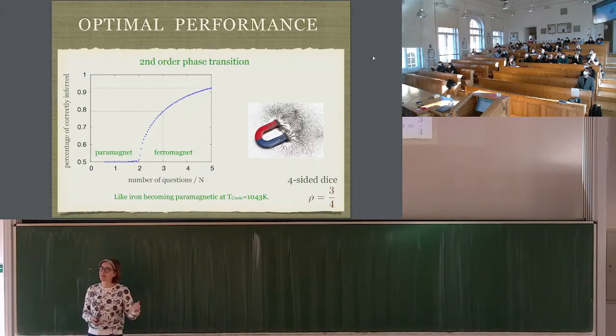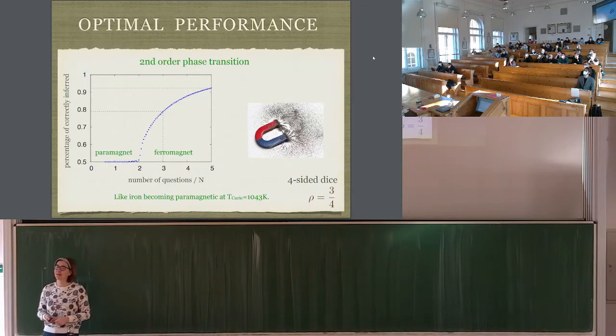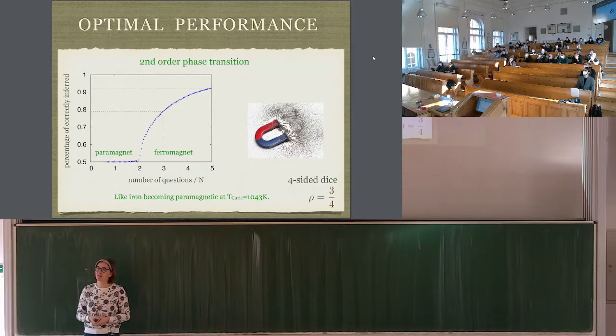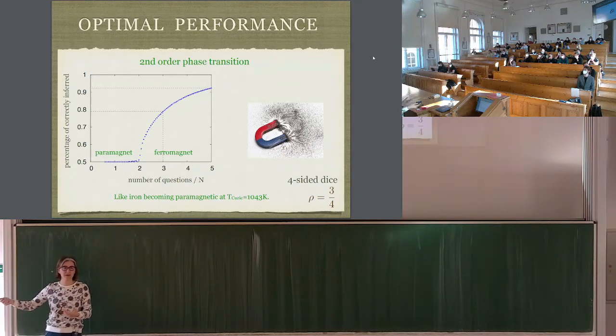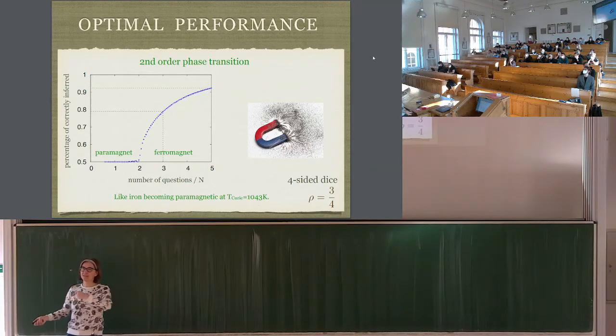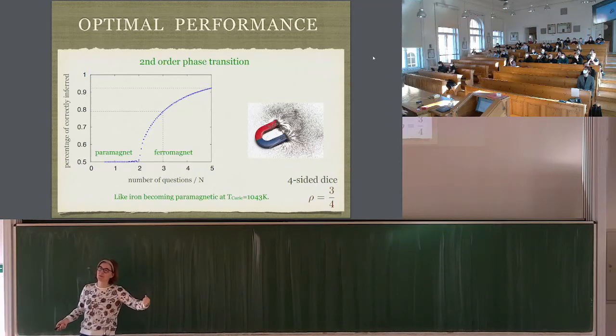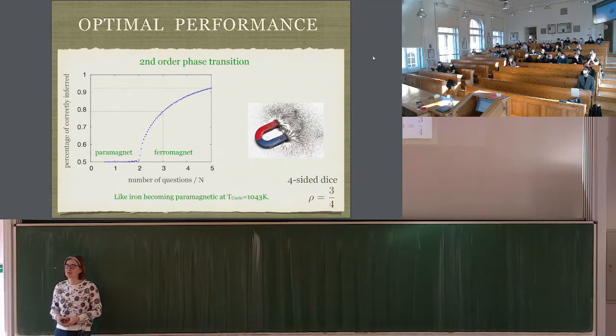That's his work before he actually knew Marie Curie. He theoretically described this phase transition in normal magnets. And so at low temperatures, on the right here, we have ferromagnets. And if we heat up, that would correspond to few questions in our problem, then we only have paramagnets.